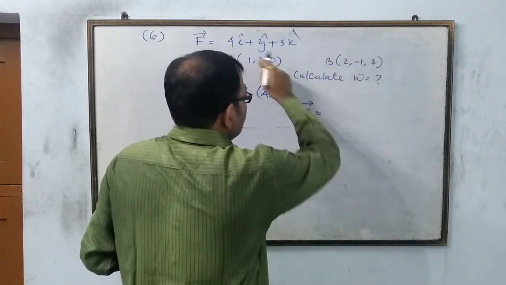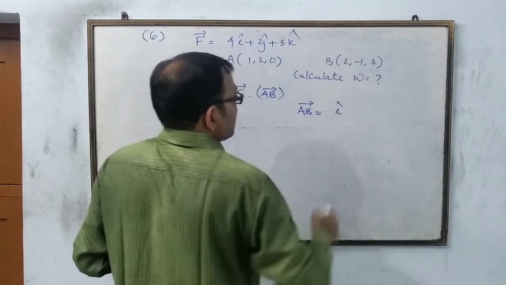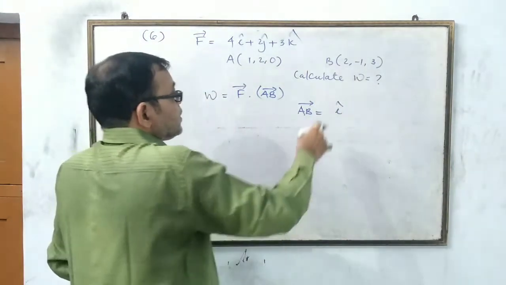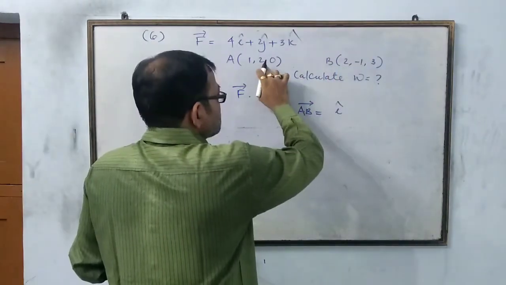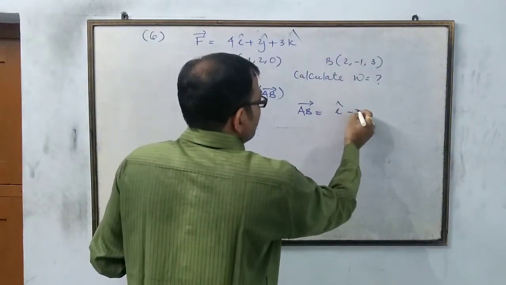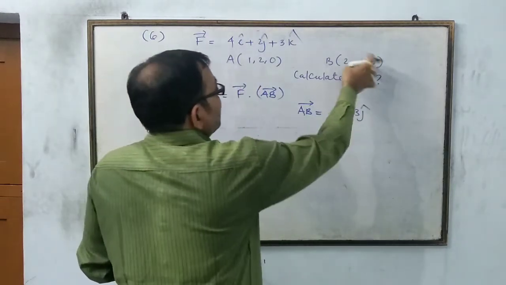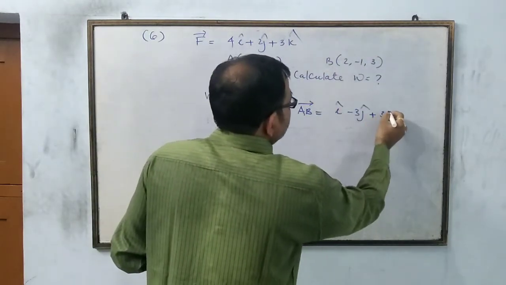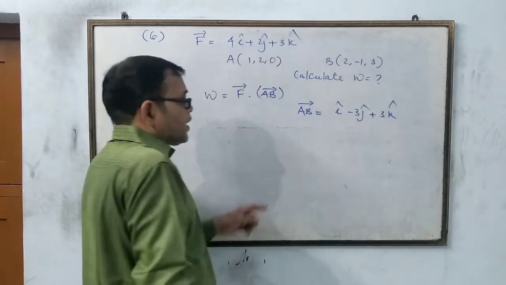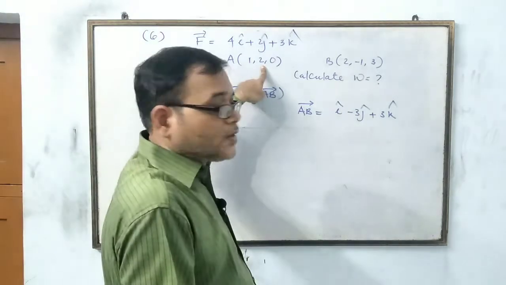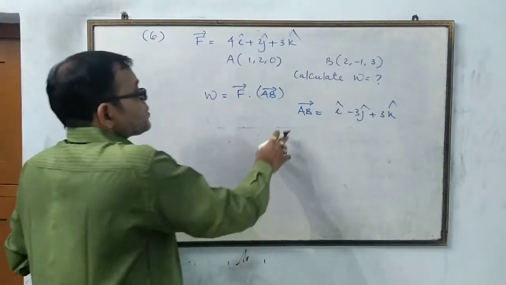2 minus 1 is 1 into I cap. Then minus 1 minus 2 is minus 3, the y component, minus 3J. 3 minus 0 is 3K. So AB equals I minus 3J plus 3K.